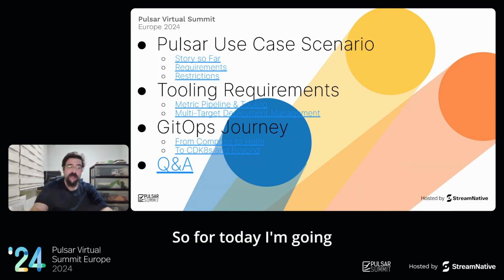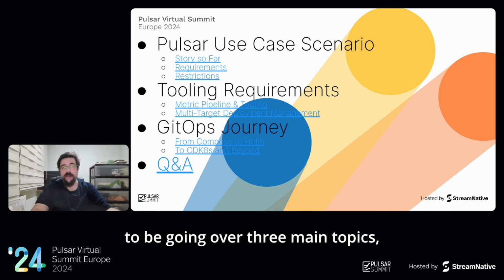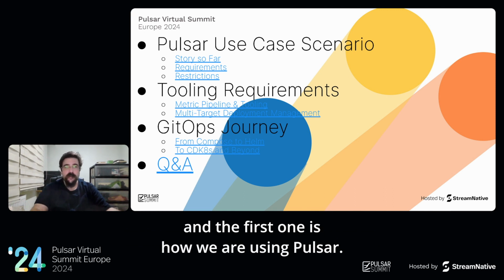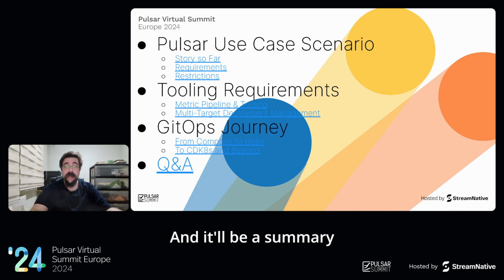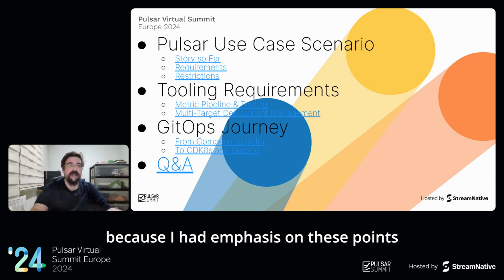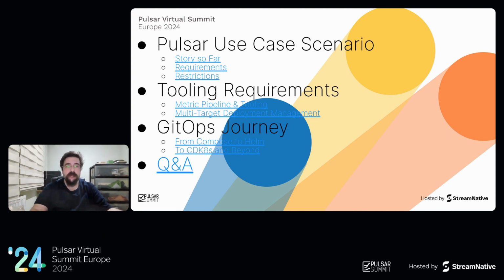So, for today, I'm going to be going over three main topics. The first one is how we are using Pulsar, and it'll be a summary because I emphasized these points in the previous summits.